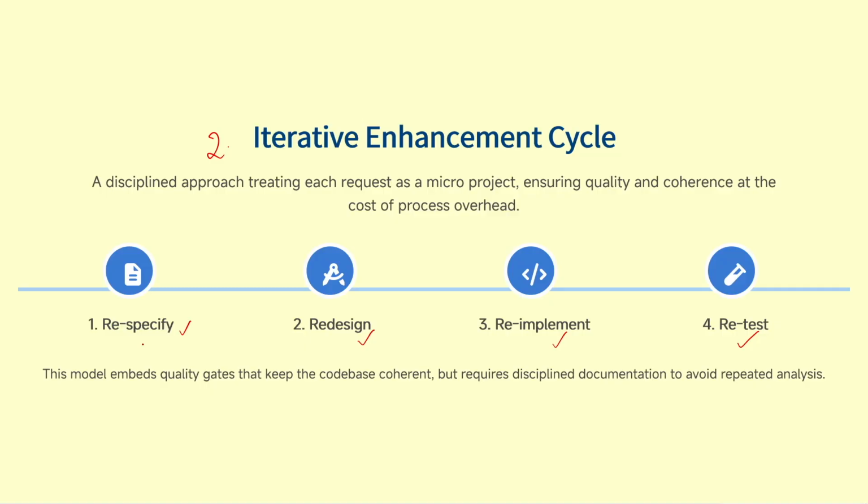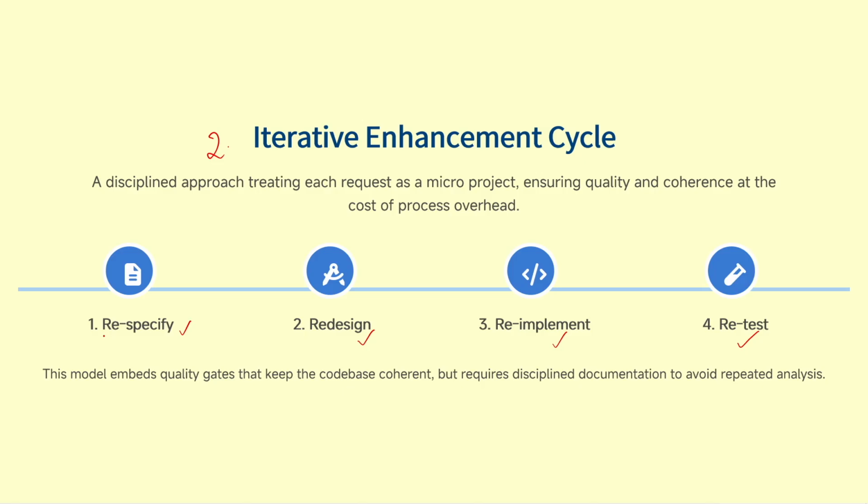The same phases as the iterative process model, where you would have requirement analysis, design, implementation and testing, we now do again, and so we call that re-specify, redesign, re-implement and retest. We do it incrementally, so that it is a disciplined approach.